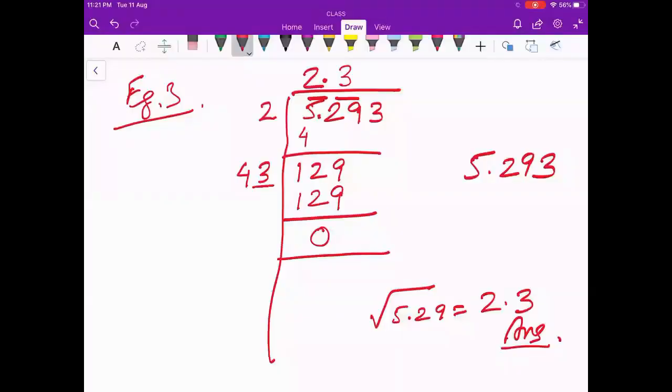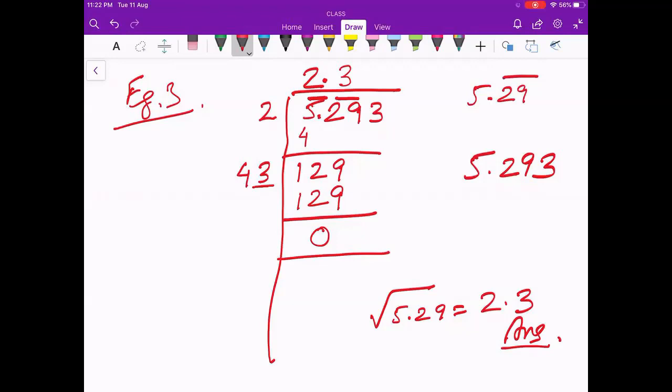Now, students, here you have to remember one thing: for decimal numbers, we place bars starting after the decimal and moving to right. That means in the number 5.29, which we had taken earlier, here is the decimal. So we start from 2 and move towards 9.